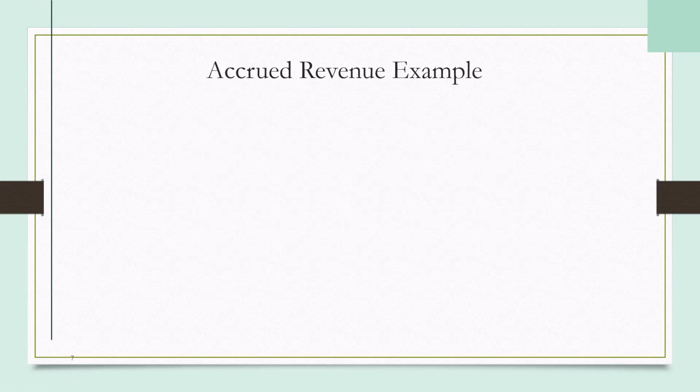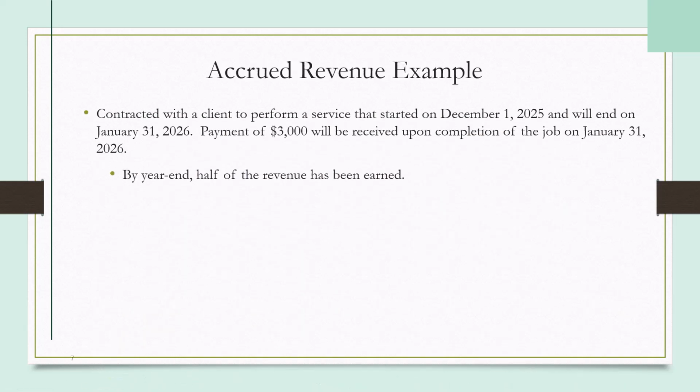So I'm going to walk through an example. In this example, let's assume this company contracted with a client to perform a service. This service started on December 1st, 2025, and will end on January 31st, 2026. So it's a 2-month job or service.